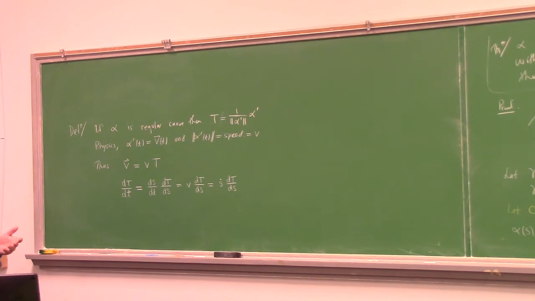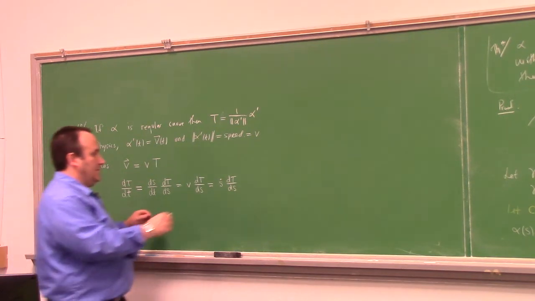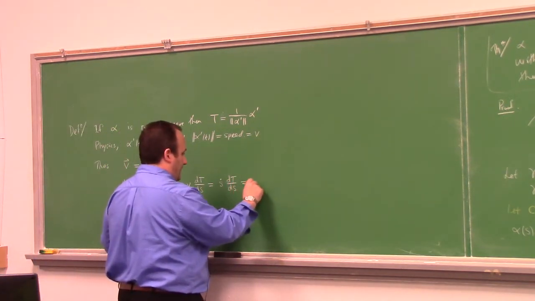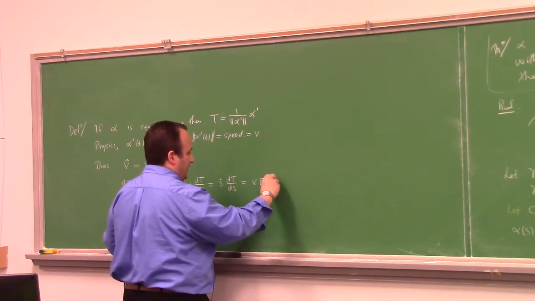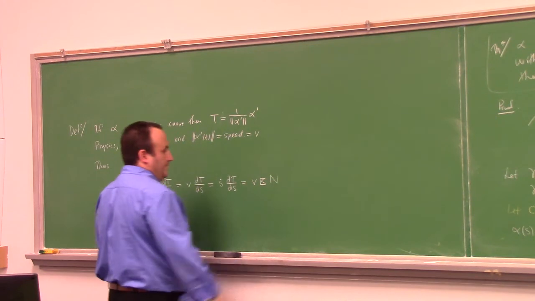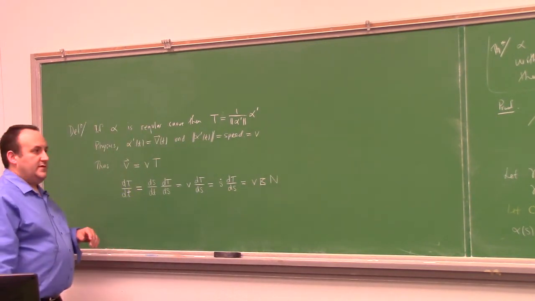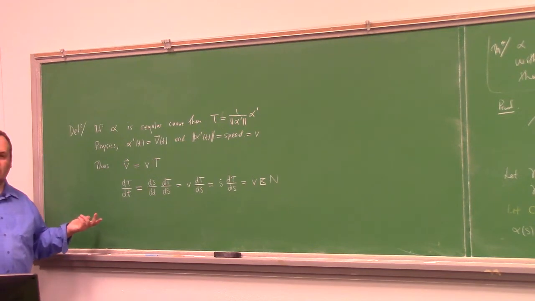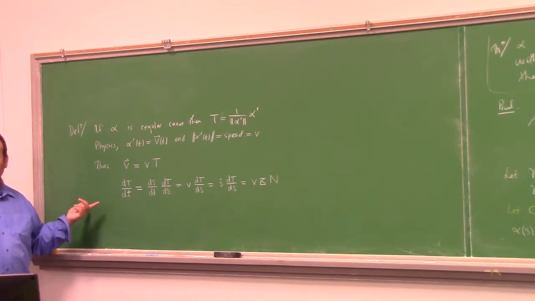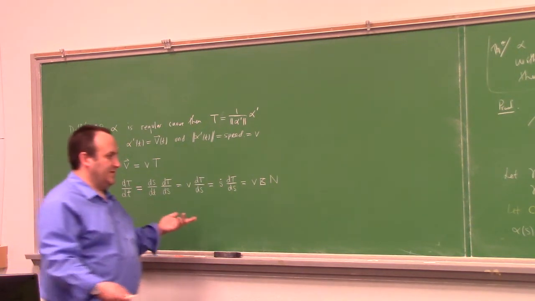Now, dt ds is what? So this is v kappa n, right? So if we use a non-arc length parameterization of a curve, we calculate the derivative of the unit tangent with respect to time. In other words, the theorem is this.